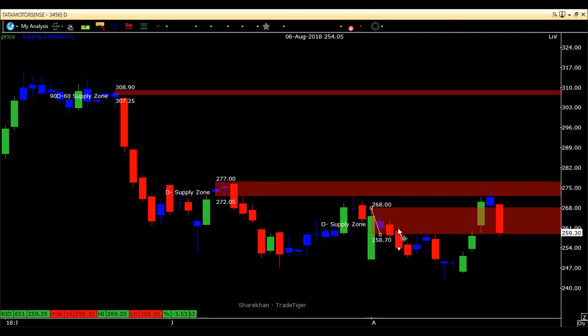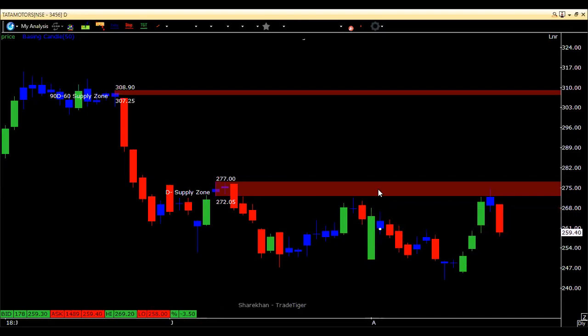So that's the reason you need to be careful to see which zones are fresh before you can actually trade those zones. So let me show you one more zone here. This is another zone.